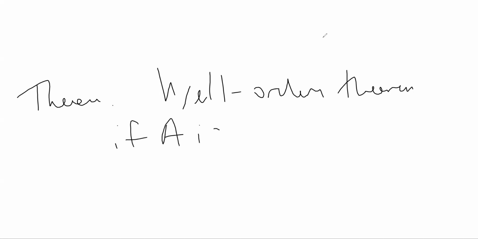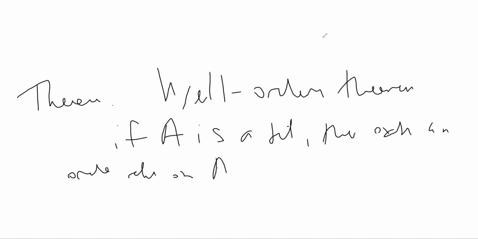And this is so cool, and also so crazy, because we just showed that we only know how to well order by hand countably infinite sets, and we have no idea what to do with all kinds of sets which are uncountable.